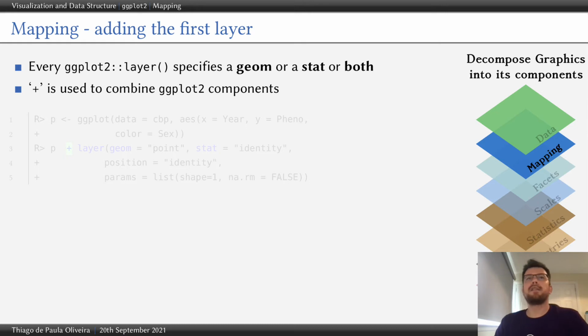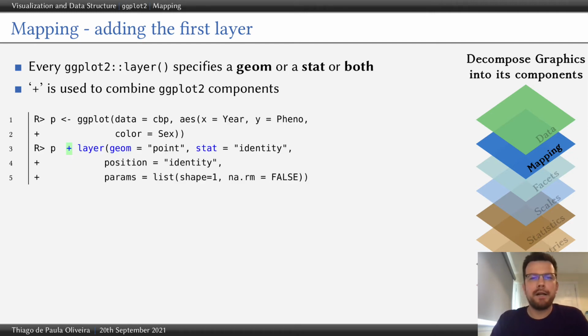Another interesting thing is that every ggplot layer specifies one geometry and one statistical transformation, or can specify both. And here we are using this green plus sign as a way to add new layers to the plot.